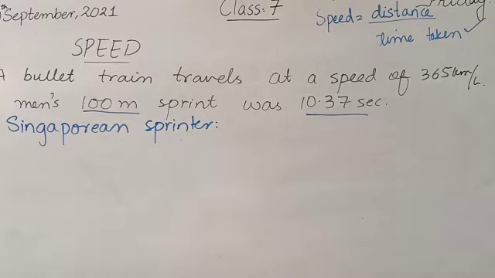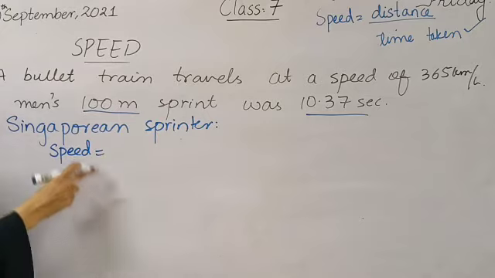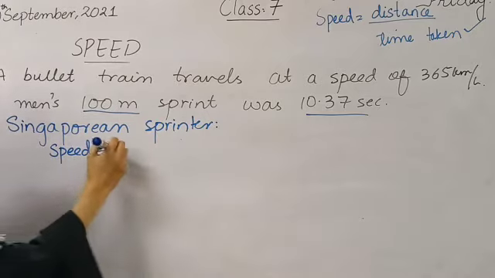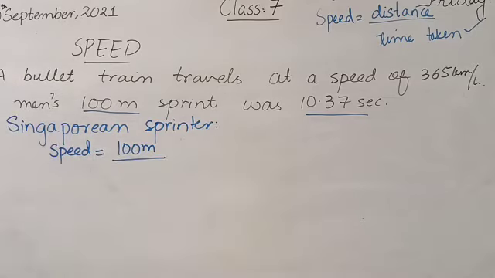Okay. So what should I do? To find out the speed, I'll apply the formula, speed is equal to distance, which is 100 meter, over time, which is 10.37 seconds.